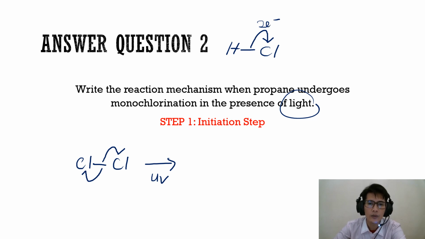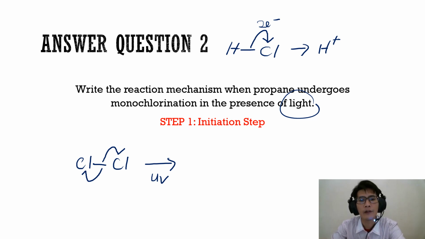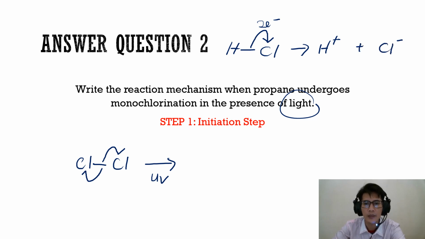In this case, hydrogen does not get any electron from the bonding, so hydrogen will lack electron, so it will be H+. Electron is negatively charged, isn't it? So if it lacks electron, it becomes positive. Whereas chlorine gets both electrons from the bond, so it has excess electron and becomes Cl-.